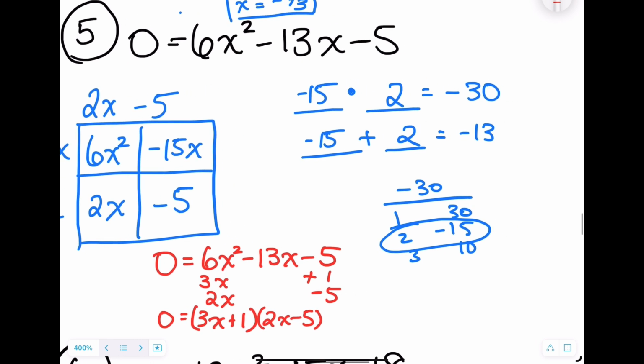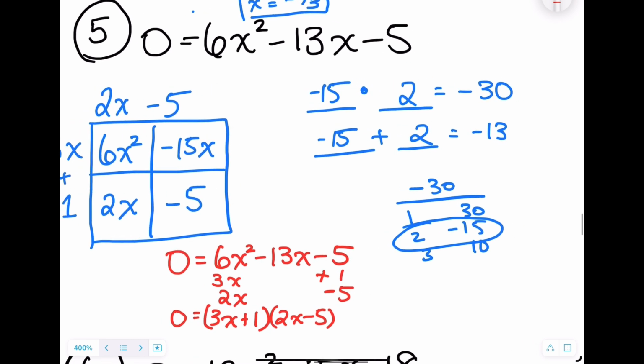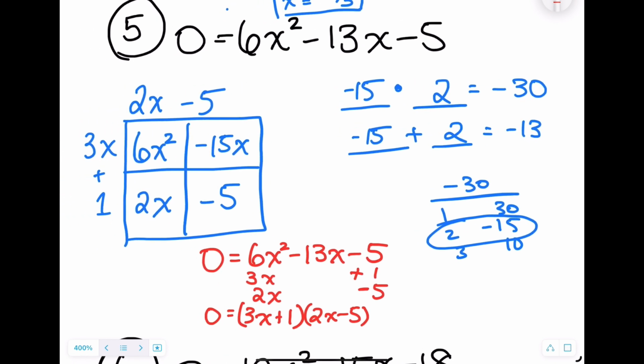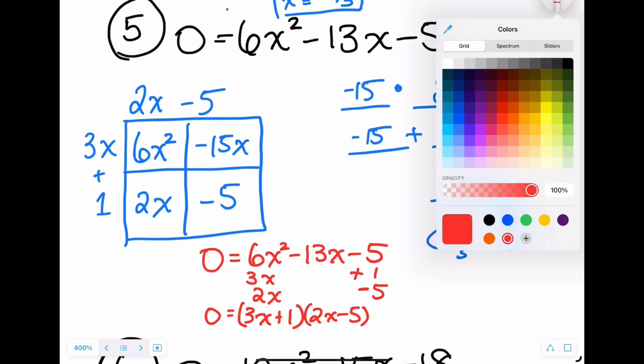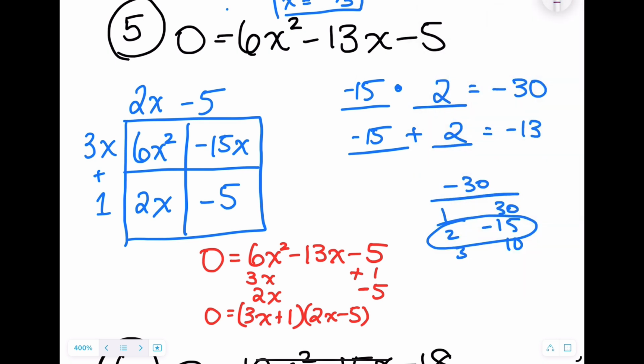And now to the side, we're going to set each of our factors equal to 0. I'll use a different color to make this stand out a little bit. 3x plus 1 equals 0 gives us x is negative 1/3.